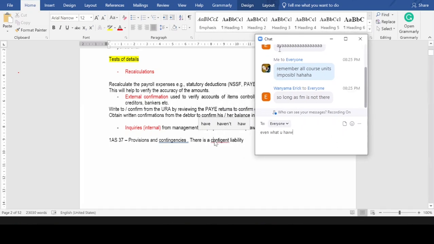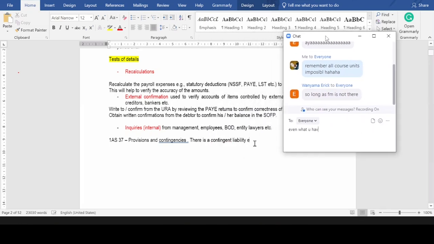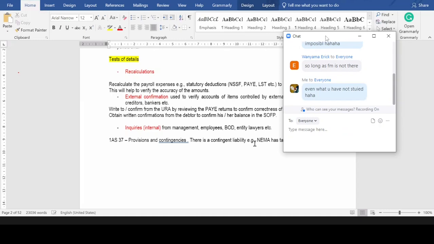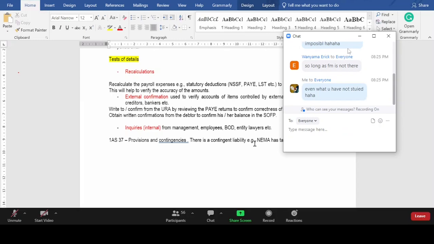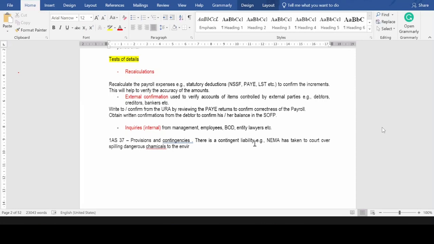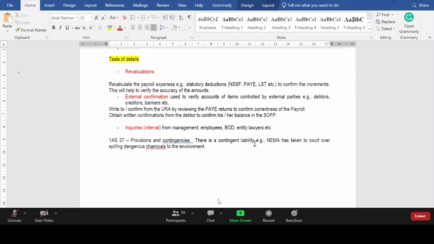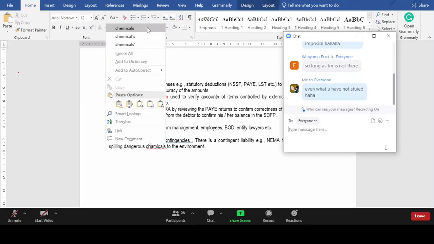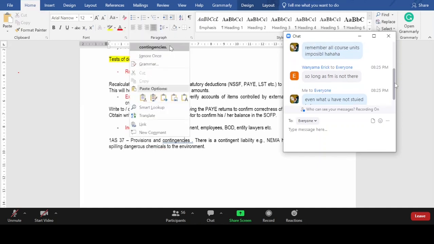Now, for a contingent liability, e.g., NEMA has taken you to court over spilling dangerous chemicals to the environment. So I come to audit this. I find this in your financials. I'm coming to audit it.